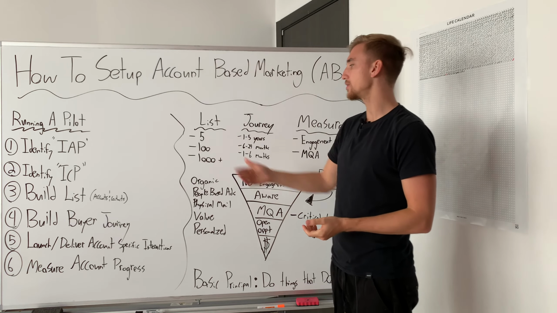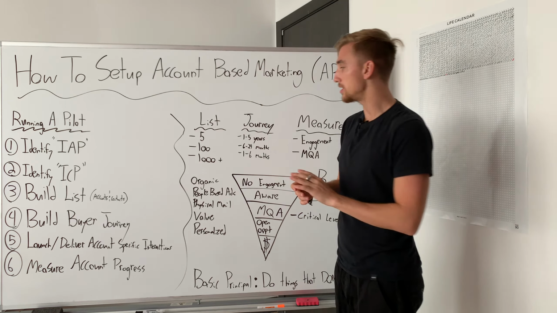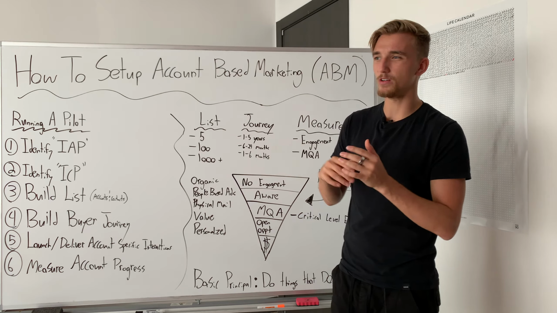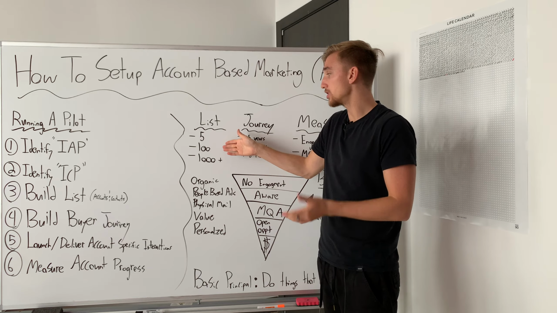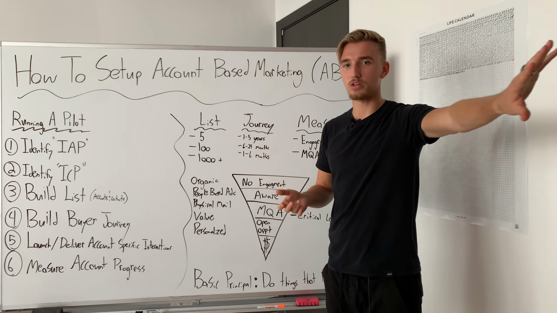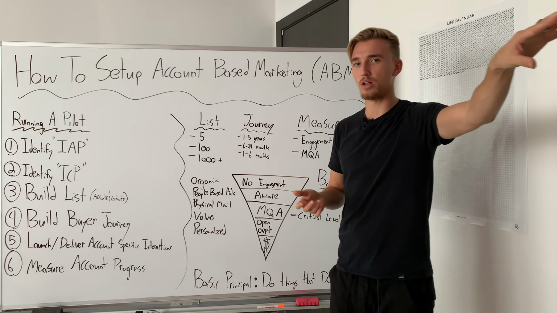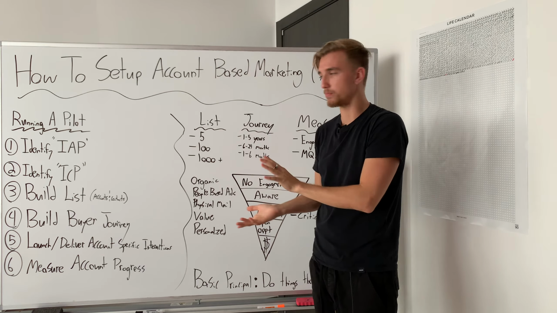So we know that if we sign somebody, they're potentially worth $250,000 on the mid-level and $160,000 on the low end. So even if we sign just 3 or 4 accounts for the year, we're happy, because that's potentially almost $1 million in revenue from just one pilot marketing play.